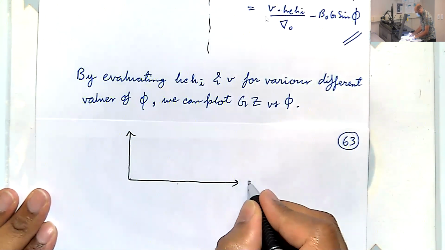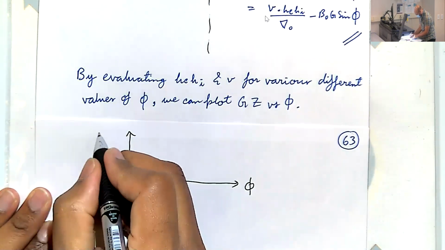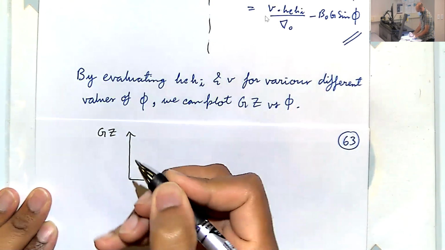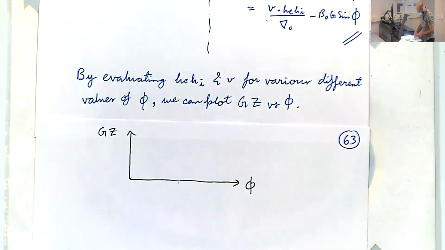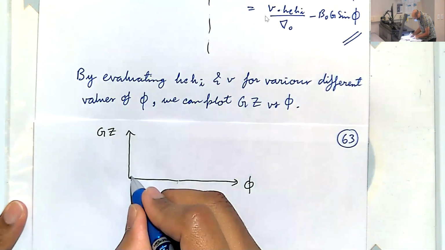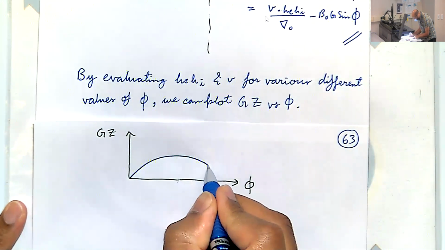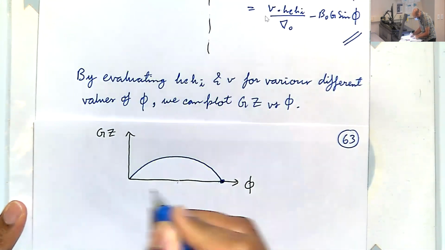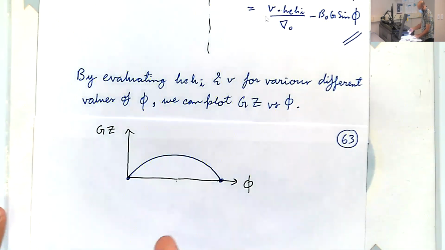You put phi on the horizontal axis and the one we want, GZ, on the vertical. And the plot would look something like this. Okay, we'll talk about what this plot is telling us. Okay, so let's mark a few points.